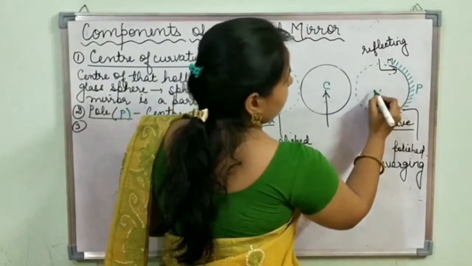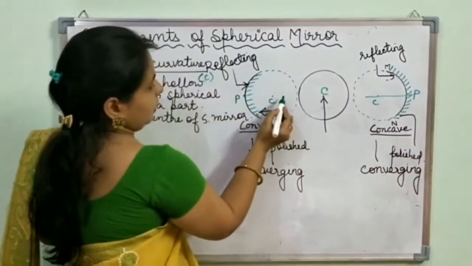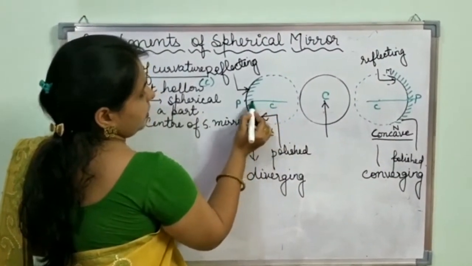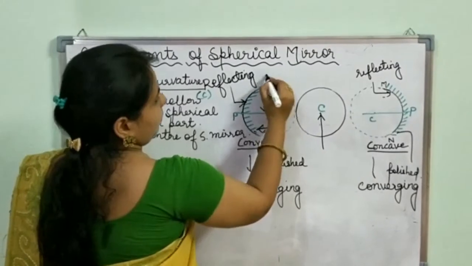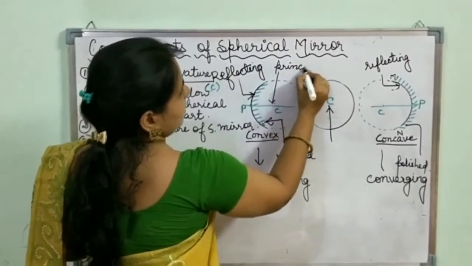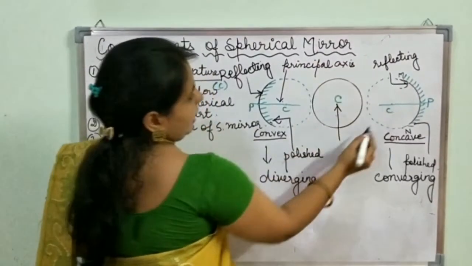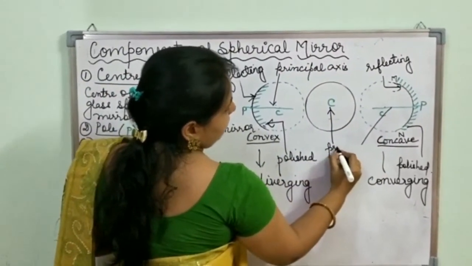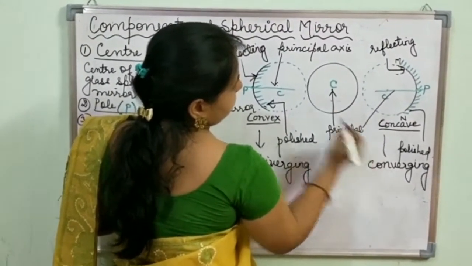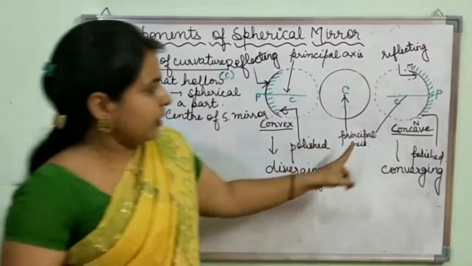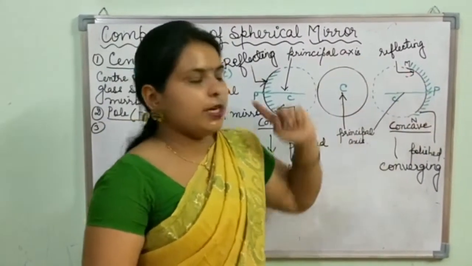Coming to the third component. Now children, the line which is passing through C and P is called the principal axis. Clear? The principal axis is a line which is passing through C and P, that is, center of curvature and pole.